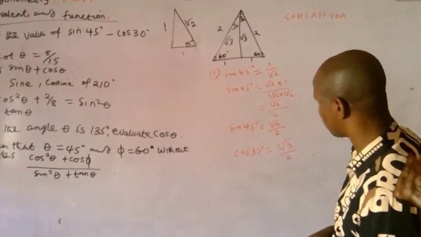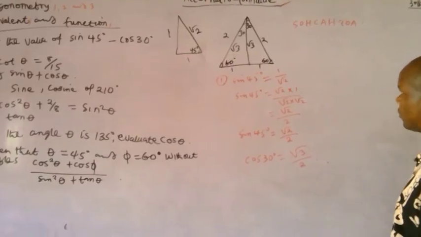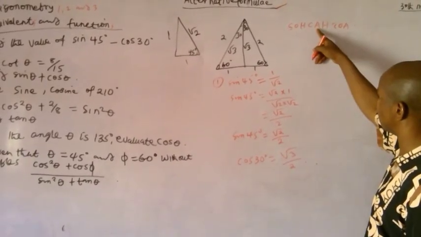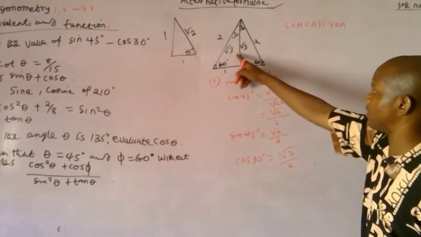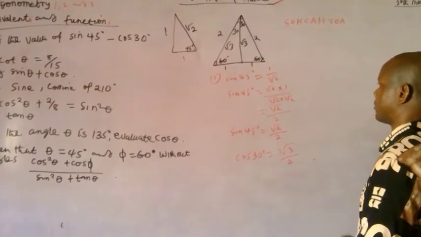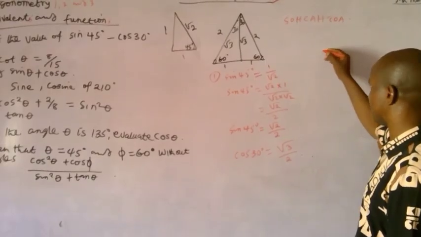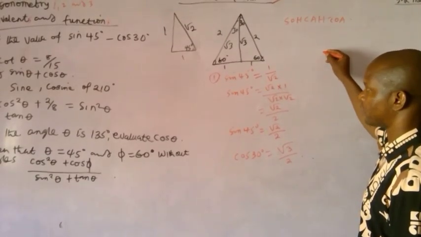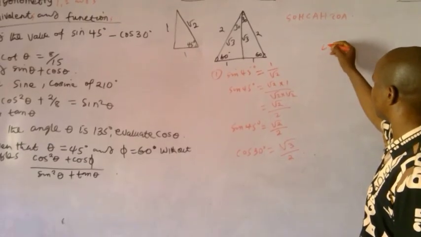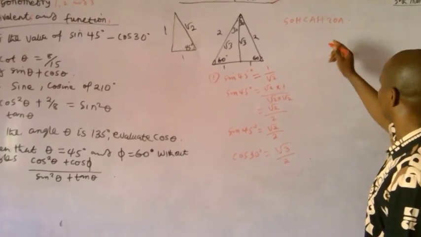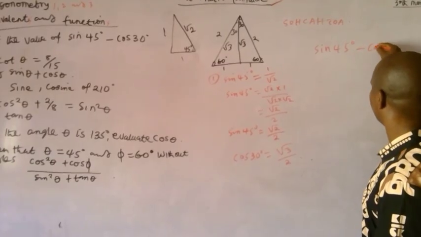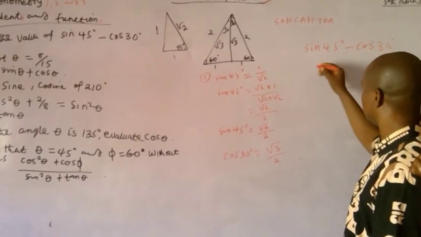But that is not what we are asking, we only get the values. If you go back, don't forget that cos is adjacent all over hypotenuse. So this is the adjacent for 30, while this is the opposite for 60. Here you come back and do a complete answer. You are asked to find sine 45 degrees minus cos 30 degrees.